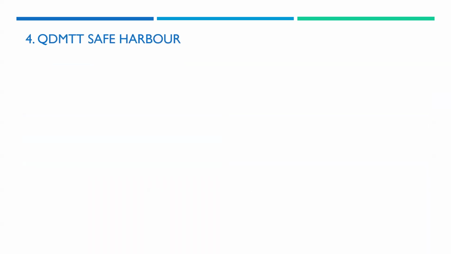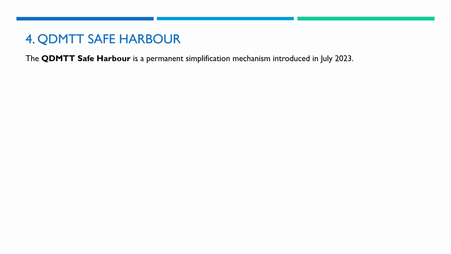Now, there is also something called the QDMTT safe harbor. What does it mean? If you are a qualified QDMTT, then there is a permanent simplification mechanism introduced in July 23.